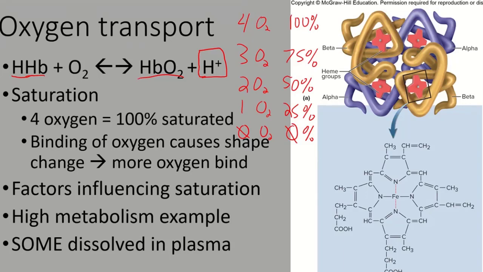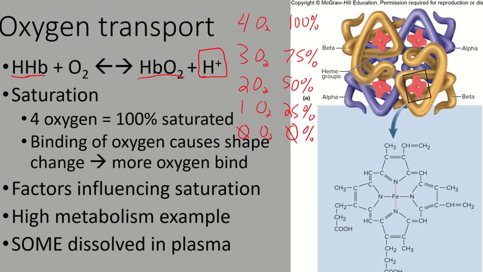The binding of oxygen causes a shape change in hemoglobin. And every time we add an oxygen, that shape change makes hemoglobin like oxygen even more, so that the next oxygen is even easier to bind.